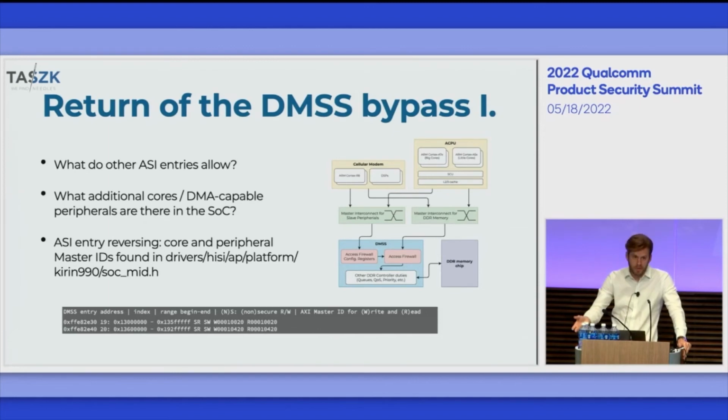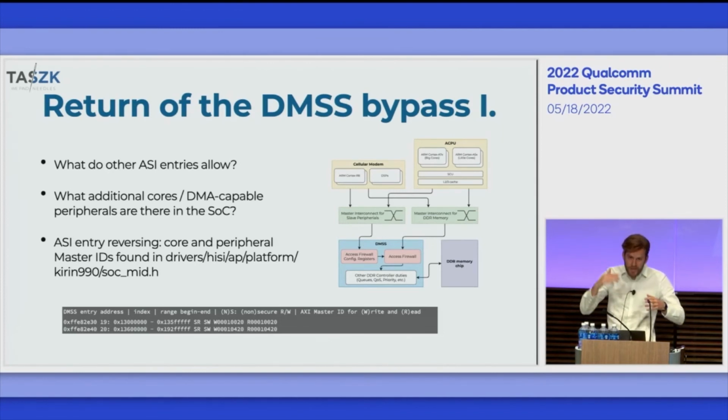Last year, we had a fairly superficial understanding of what each bit and flag in the ASI entries meant, but I think that was also a good case study of how you don't necessarily need to know everything if you have a very specific goal. At the time we knew, okay, in the baseband code we found these two DMA engines that can be controlled, so let's just try what they can access.